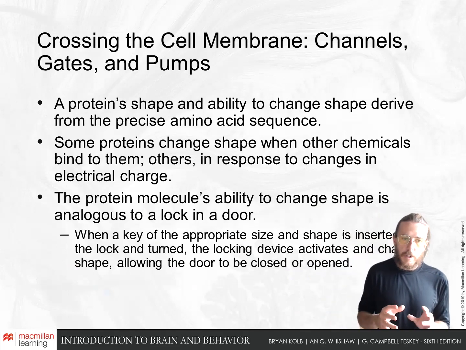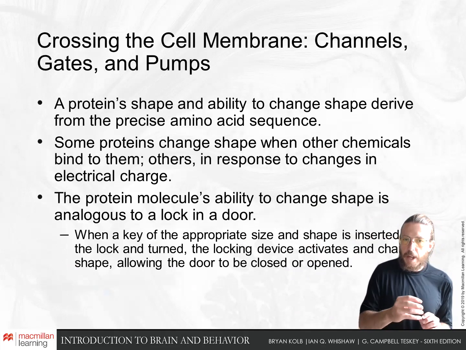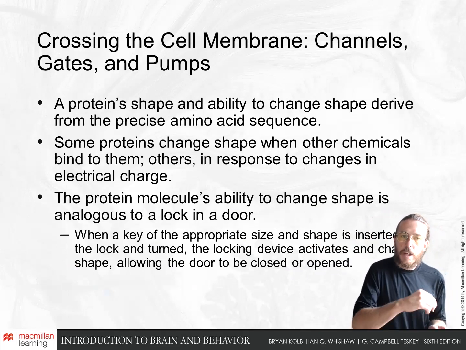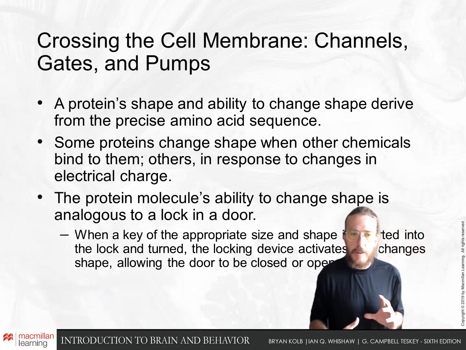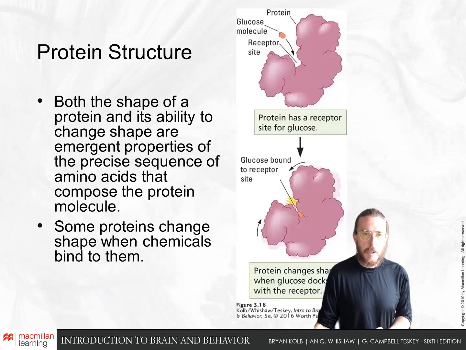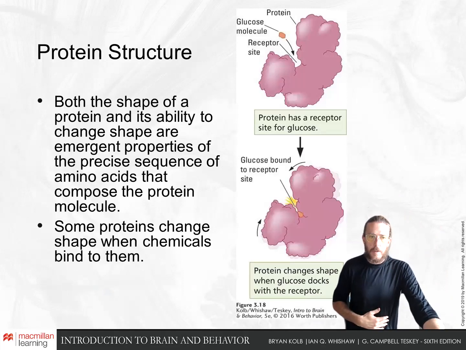And so if a particular stimulus, like a molecule of the right type or an electrical charge of the right amount, comes in that cell, it can open up the protein's ability to change into a different form. Right?